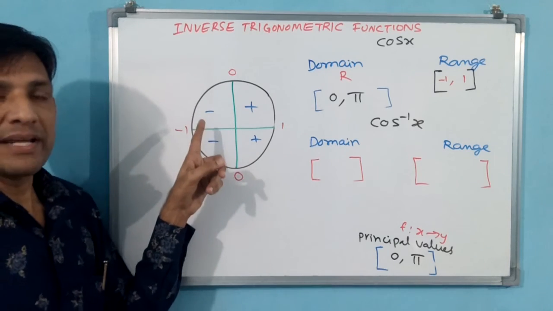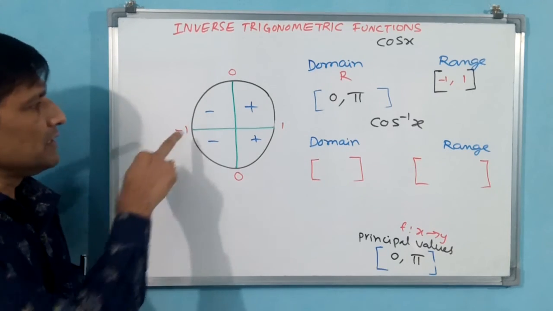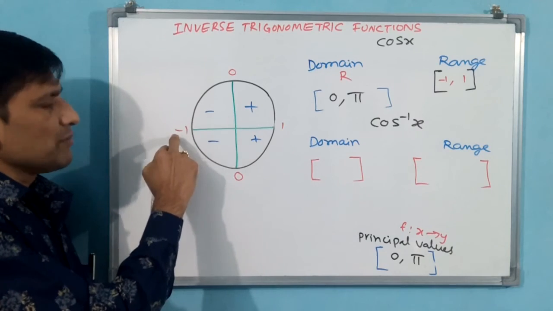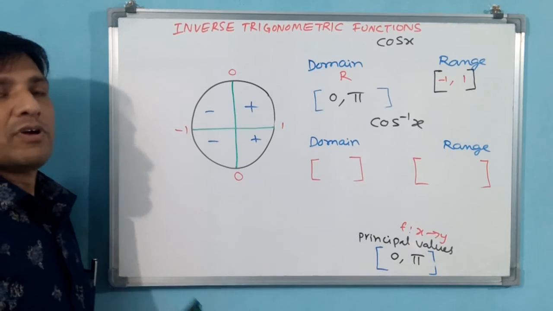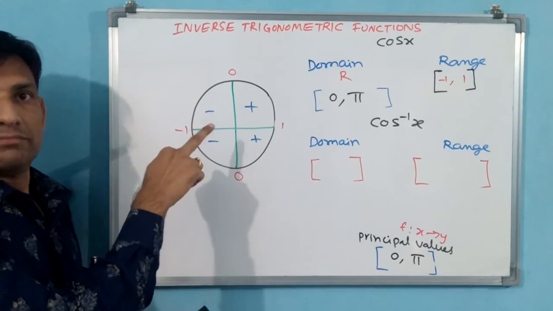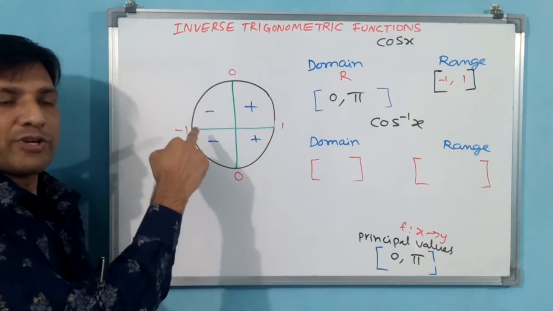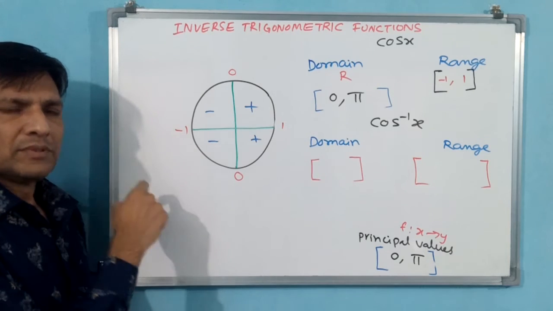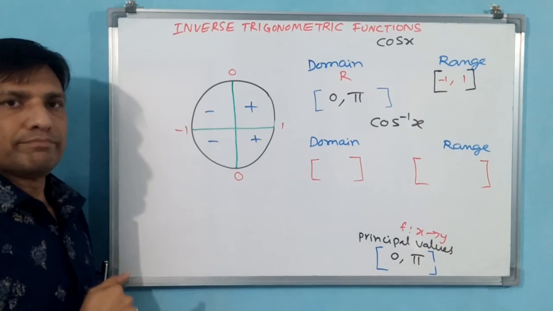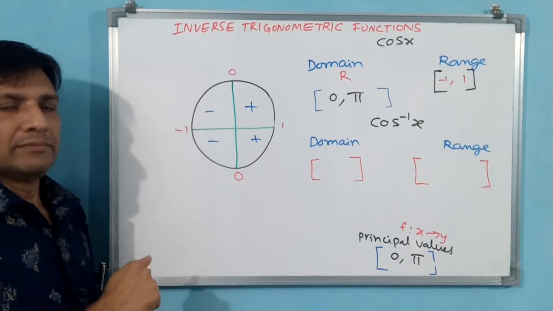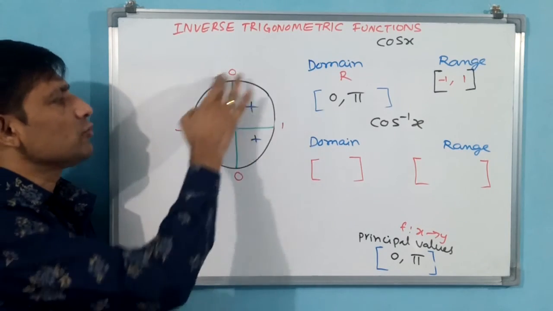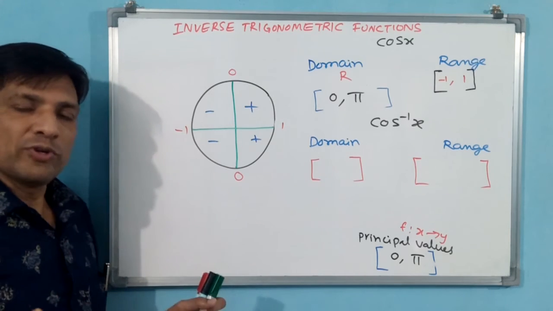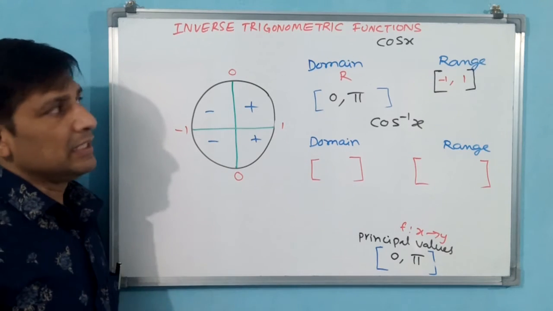Minus 1 by 2 will be 180 minus 60, pi minus 60, so you make 120 degrees. 120 degrees means pi minus pi by 3. Like this you can make the angle. That means the angle is also going to come between 0 to pi only, for the inverse trigonometric function.